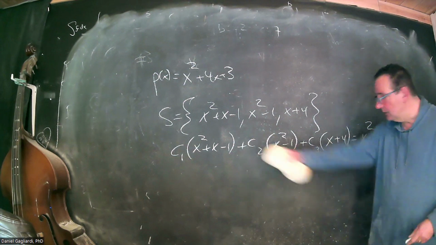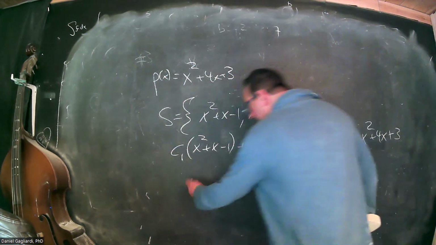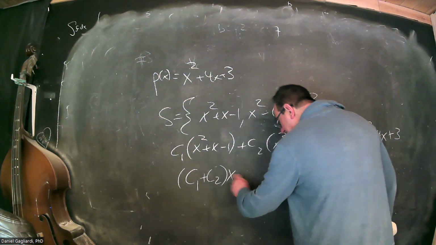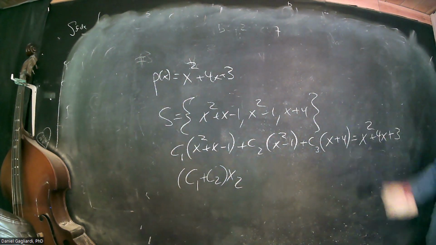All right, well, let's collect like terms. So we have an x squared and x squared. Who multiplies x squared? C1 plus C2 multiplies x squared. You can verify that just by multiplying through.